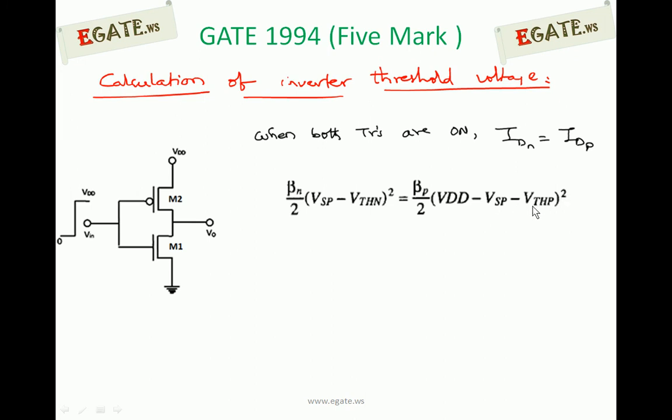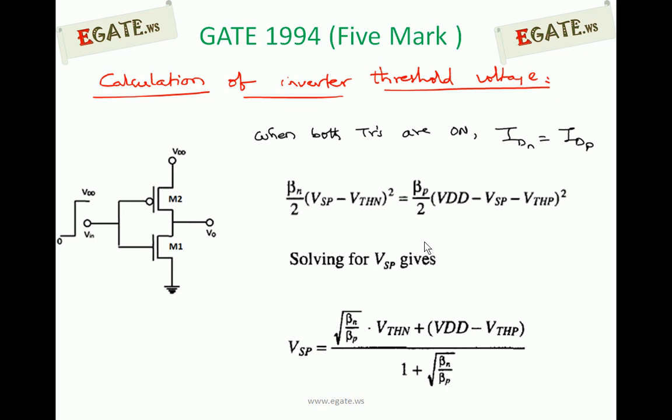So we are using the drain current in saturation equation, and we are substituting the corresponding gate and source voltages, so that you are getting this equation. From this equation, simplify and get the VSP value. So you are going to write an equation for VSP from this one. By that time it will look like this.